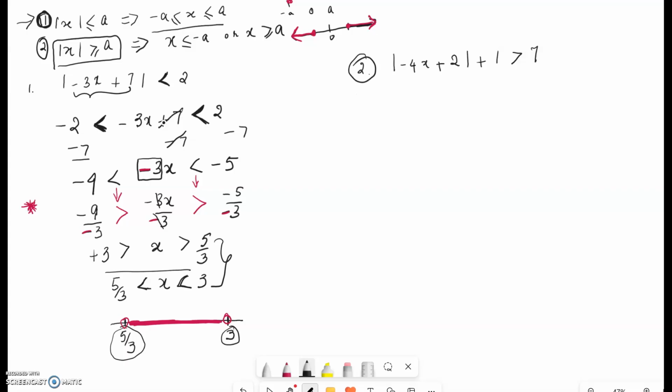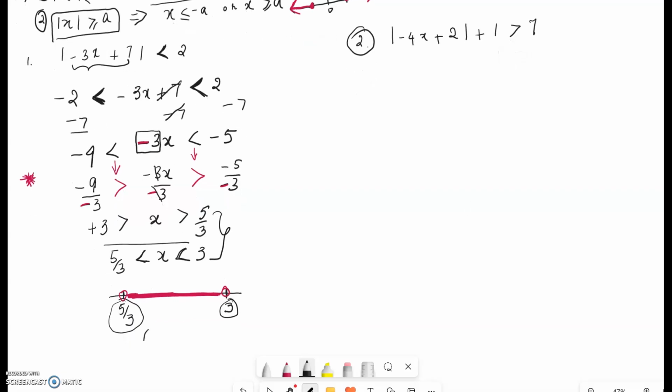Now we have another absolute value inequality. Oh, let me just finish this. This could also be written as 5/3, 3. This is the interval notation. The smaller number is the lower limit, the larger number, which is 3, is the upper limit. Everything in between counts.